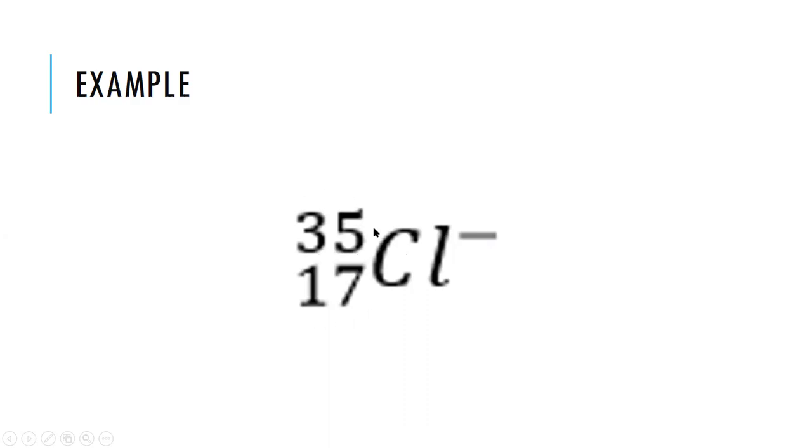Let's move on. Here's our mass, 35, so we need to figure out the number of neutrons. We take our mass and subtract our number of protons. 35 minus 17 gives us 18, so we have 18 neutrons.